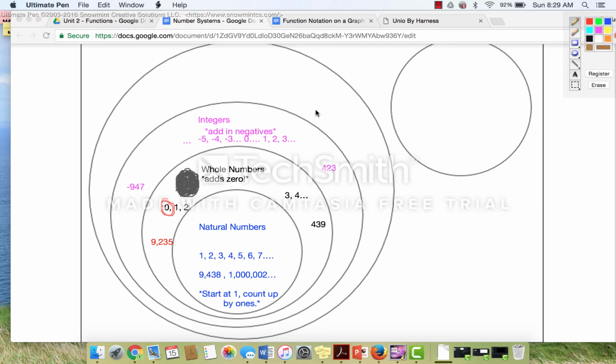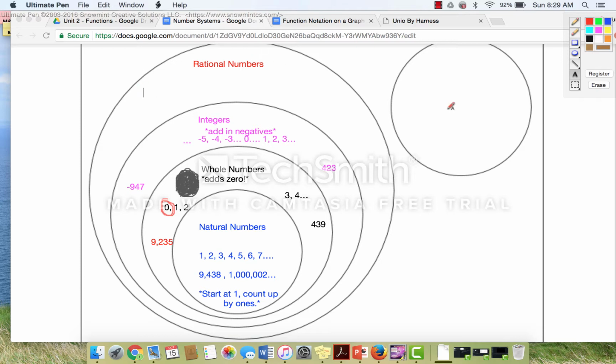All right. So now we have integers, which just gave us negative numbers. Our final number system on this little piece here, we're going to have rational numbers. So we have our counting numbers, we have 0, we have negatives. Now we need fractions and decimals.